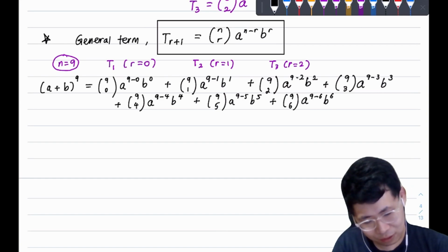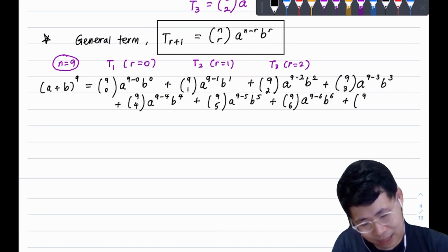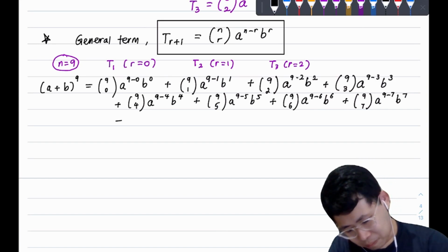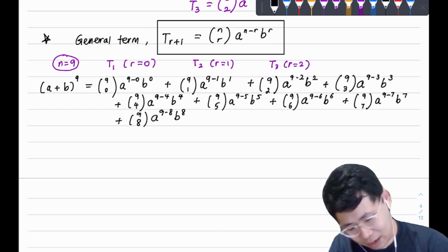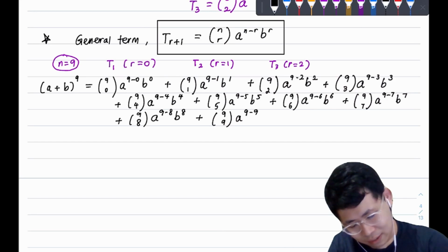A few more, plus n choose r. Now r is 7, a to the power of n minus r and b to the power of r. Two more, plus n choose r, a to the power of n minus r, b to the power of r. One last one, n choose r, a to the power of n minus r and b to the power of r.